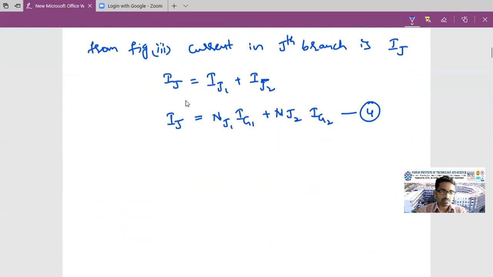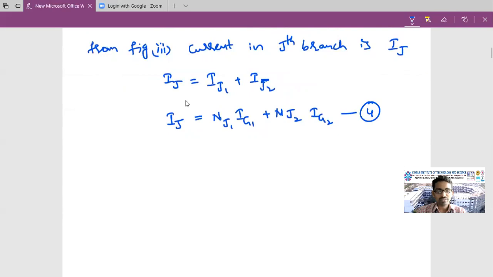Now assume that the X by R ratio is the same for all the branches of the network. All load currents have the same phase angle with respect to the common reference.